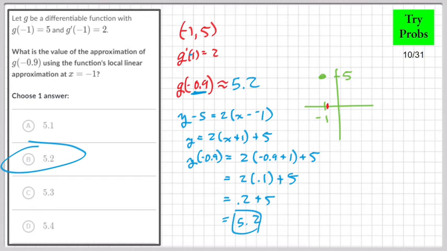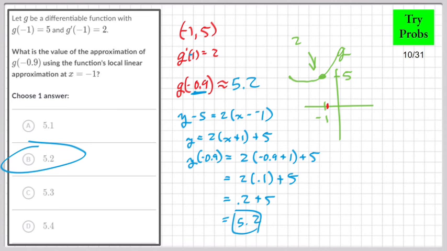We don't know what g is, but we have its point. We also know the slope at this point. The slope is positive 2. So I know that whatever the curve looks like, it's going to go up after this point.